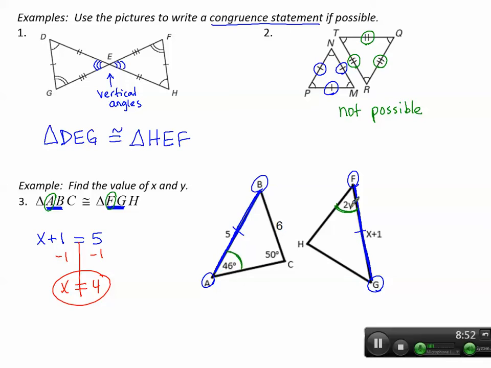So since angle F is congruent to angle A, I know that the measure of angle F, which says 2y degrees, has to equal the measure of angle A, which says 46 degrees. And then I can solve that equation. Divide both sides by 2, and I see that y equals 23.